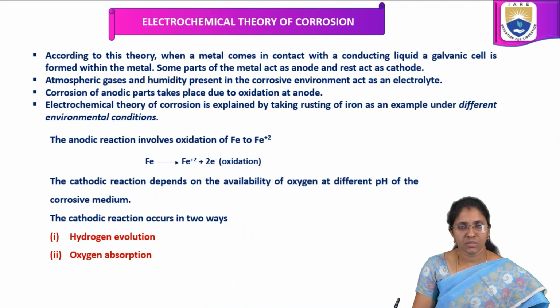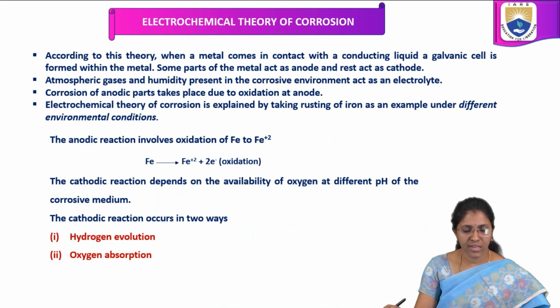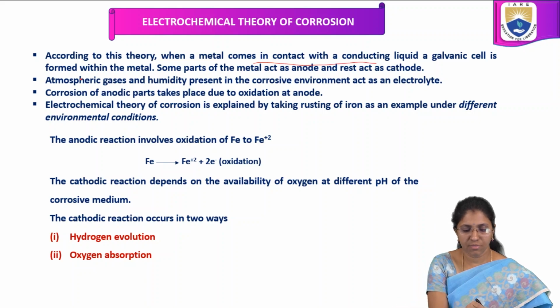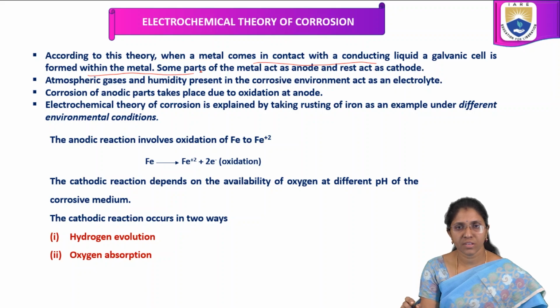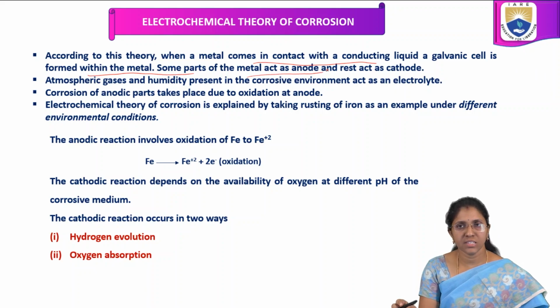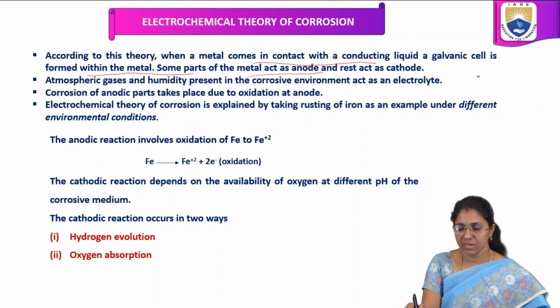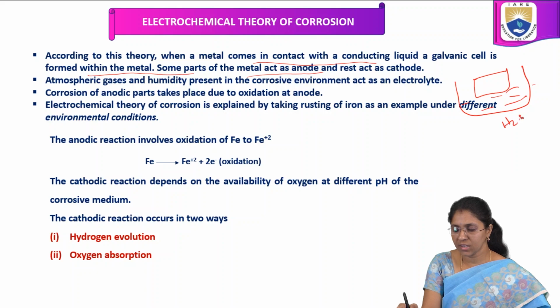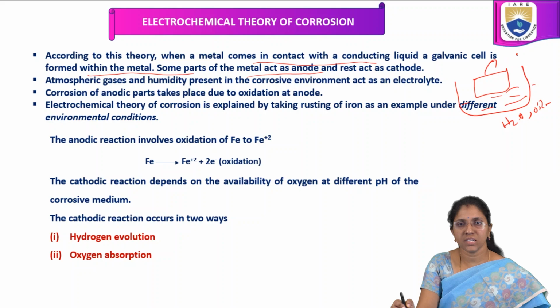Now the electrochemical theory of corrosion. According to this theory, when a metal comes in contact with a conducting liquid, a galvanic cell is formed within the metal. Some parts act as anode and the rest act as cathode. If we place a metal in a conducting liquid like water or oil, this metal acts as a galvanic cell.